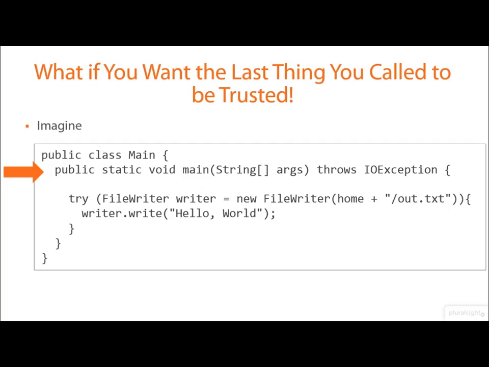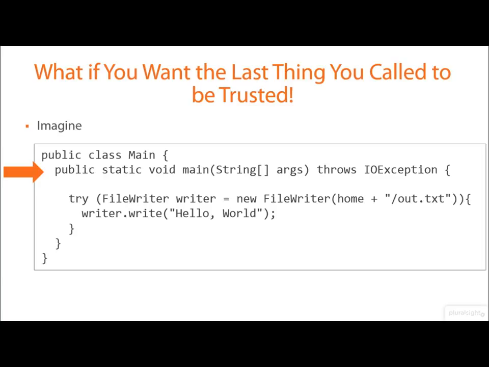So earlier we saw this slide, and here we said that we have two methods on the stack frame. We have the main method, and then we create a file writer, and we have the file writer's write method. And we said that the file writer is always trusted, because the file writer comes from the JRE libraries, that location is always trusted, but that the main method may not be trusted. And in this case, we said that we have a full stack walk.